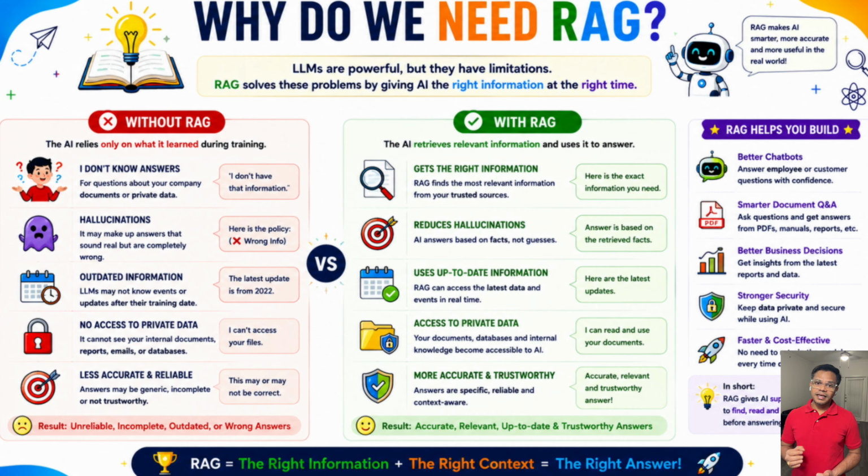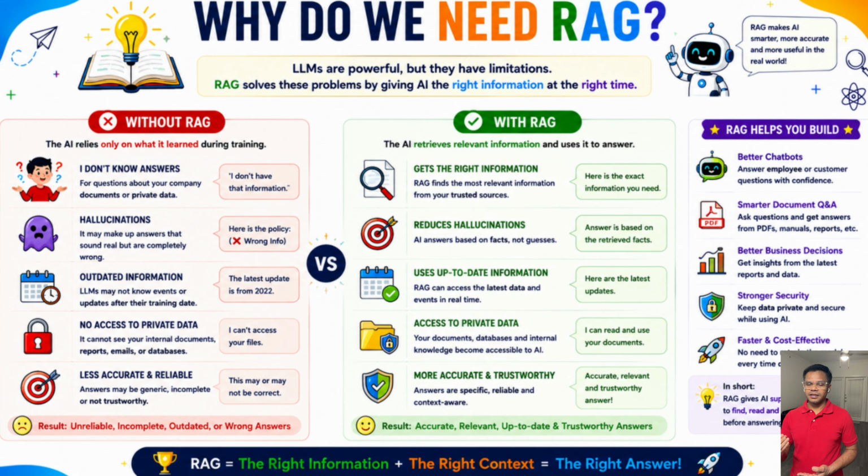With RAG, the AI first searches trusted sources, retrieves the latest information, and then answers using those facts. So this gives us more accurate answers, access to company knowledge, up-to-date information, and reduced hallucinations. Instead of guessing, the AI answers using evidence.